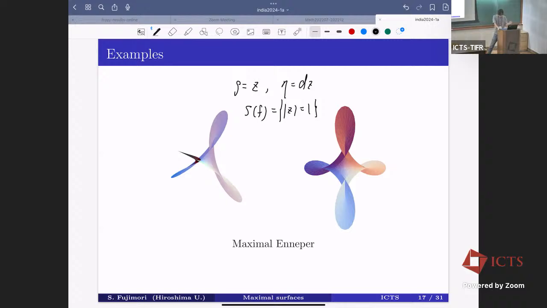Applying the criteria, we see that almost every point is a cuspidal edge here. But we have 4 swallowtails here, here, here, and here. And between the swallowtails, we have 4 cuspidal cross caps here, here, here, here. Other singularities are cuspidal edges. But this is quite hard to find.